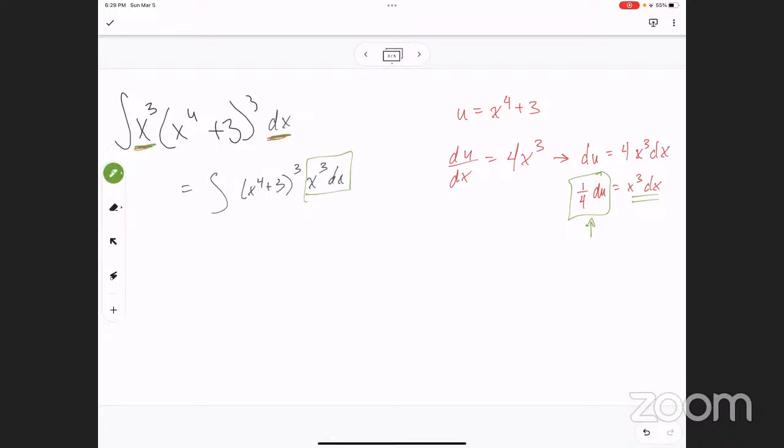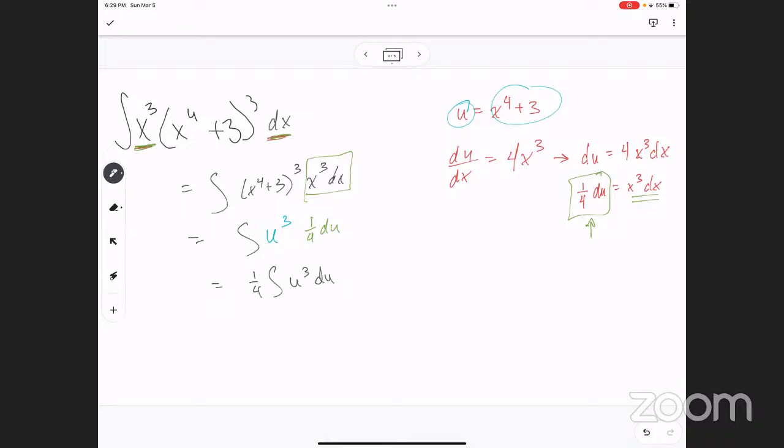I'm substituting 1/4 of du in for x cubed dx. Simultaneously, I'm going to substitute this in for u. So this is u cubed, right? You can see how I did that? Which equals 1/4 integral of u cubed du.